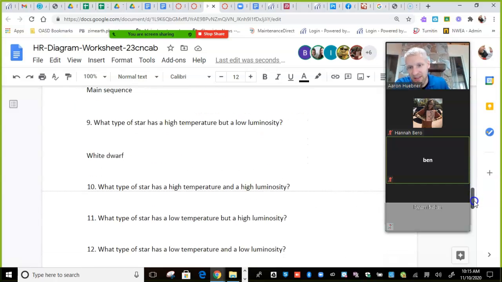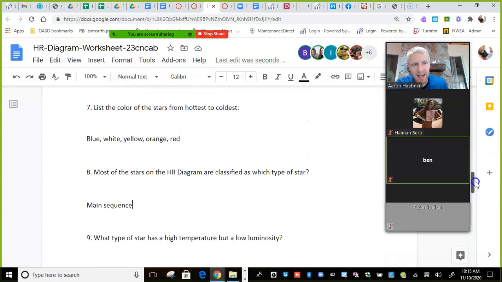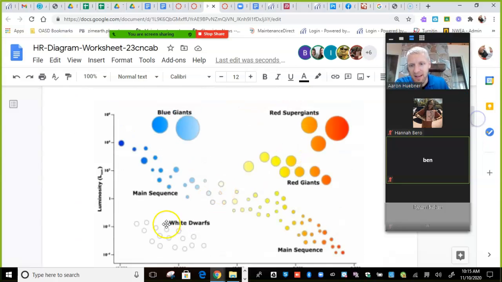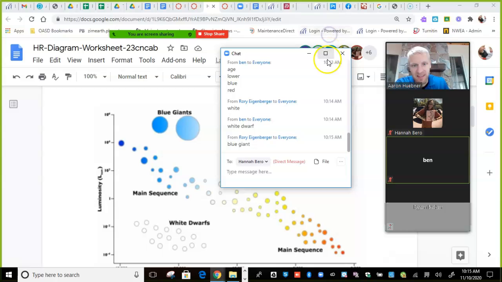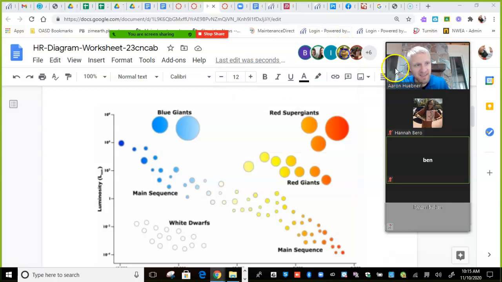All right, number 10. What type of star has a high temperature and high luminosity? High temperature, high luminosity. I'm going to say blue giants. There it is, blue giant.